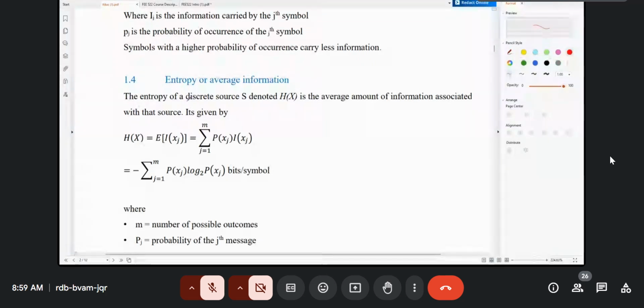A discrete source is something like your keyboard, which produces discrete symbols. When you press a D, that's a discrete symbol.